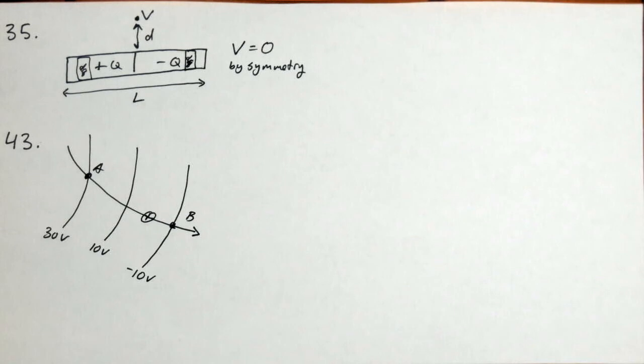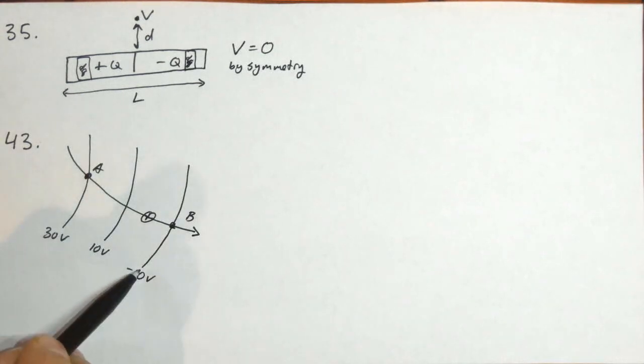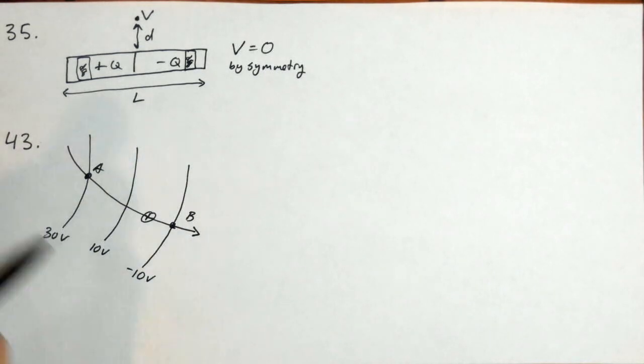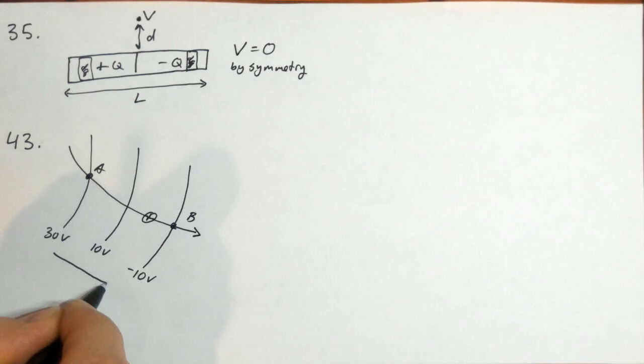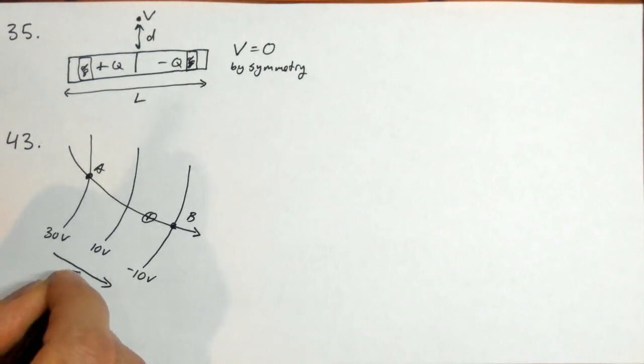Before we do the math, let's ask, do we know if it's going to speed up or slow down? We could see it's moving from a high potential to a low potential. All right? Well, what is the direction of the electric field along that path? Electric fields point from high to low. So the electric field is this way.